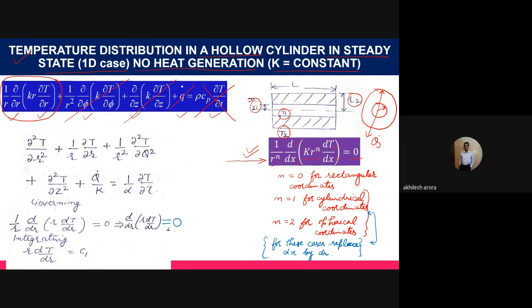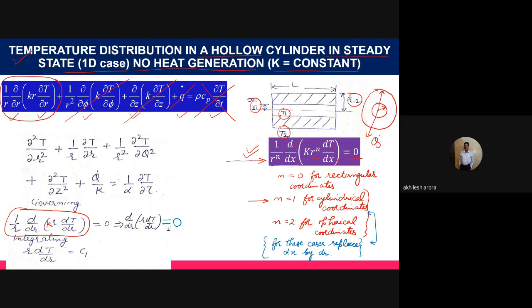And because we are talking about the cylindrical coordinates, the value of n is considered as 1. And when we put the value as 1, we get this particular equation, with the only exception that there would be k in the brackets also. But because it's a one dimensional case, k can be considered as constant and can be taken out of the differentiation part.